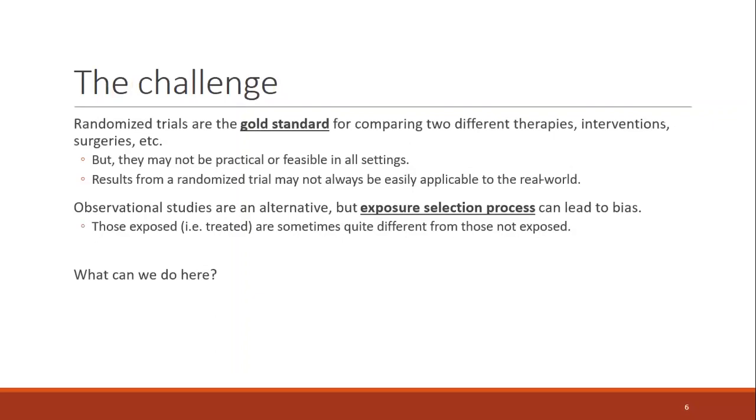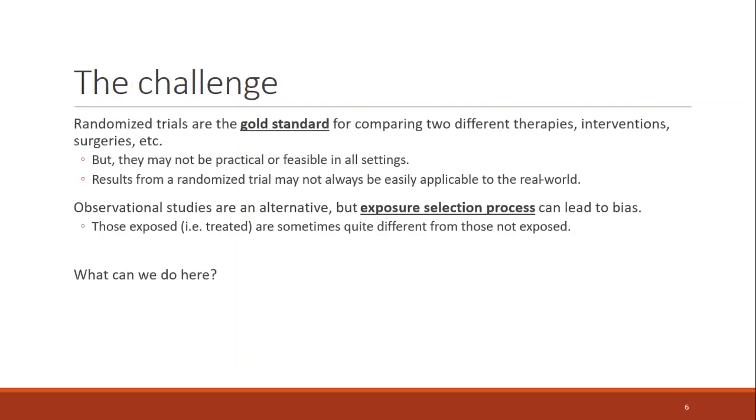And some things we can measure, other things not so much. And so these are the two issues that we run into in traditional research. Randomized trials are our gold standard, but again, we run into issues with generalizability and feasibility. And then observational studies are great, but the self-selection process that determines who gets exposed and who doesn't can often lead to serious differences between groups, and we can't always adjust and control for everything.